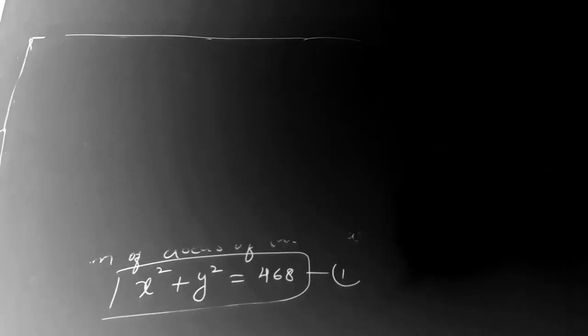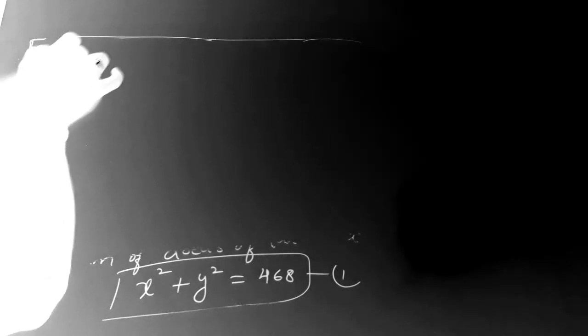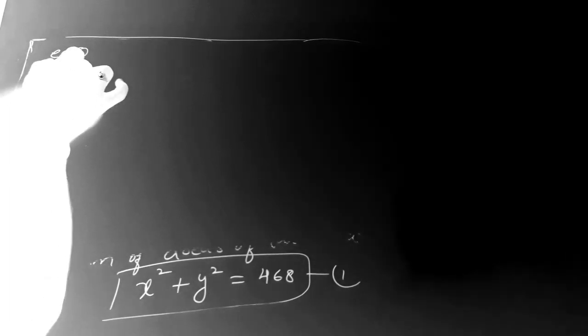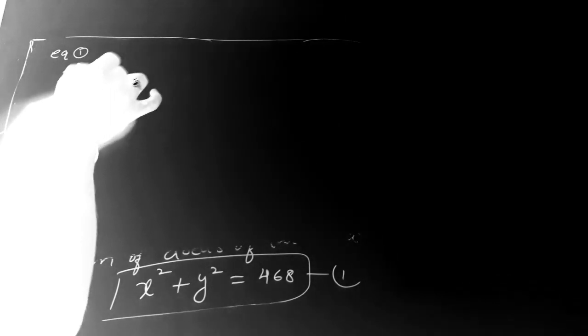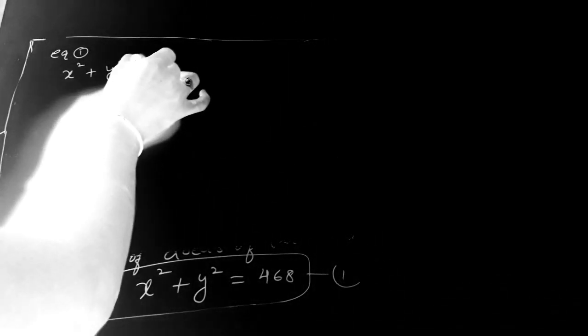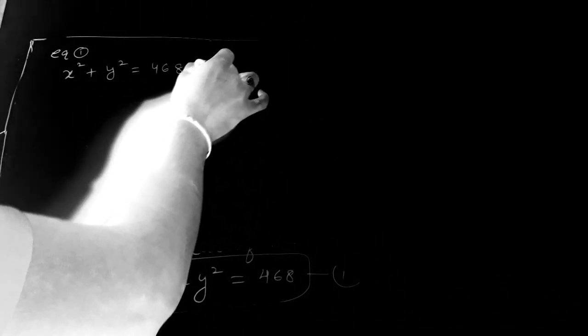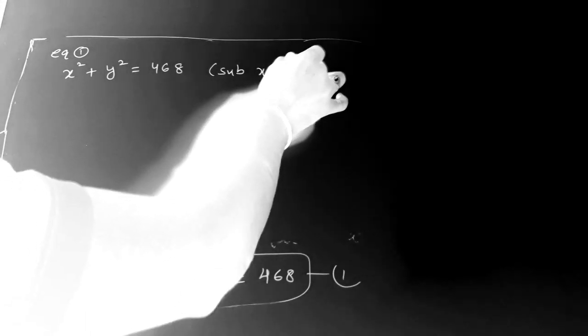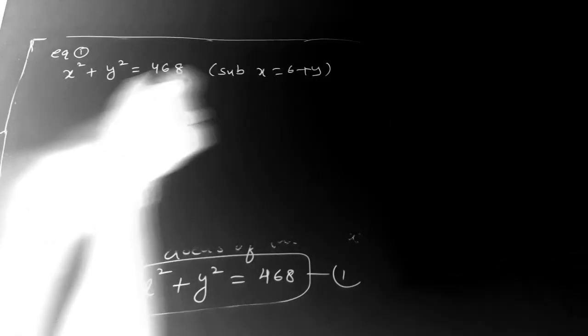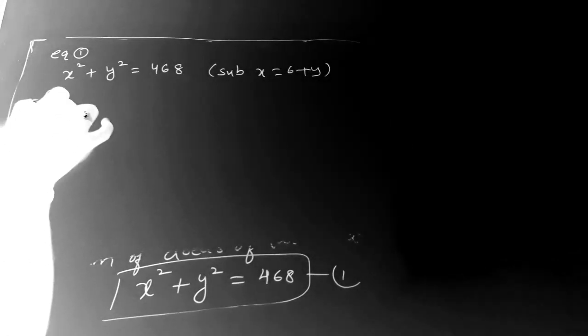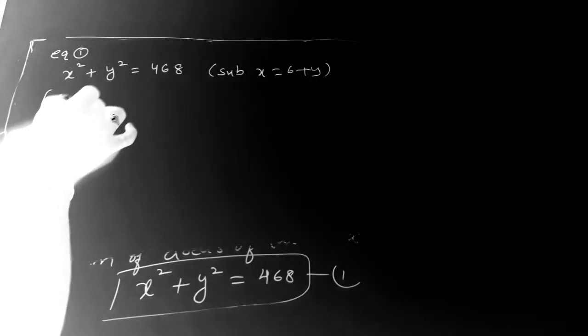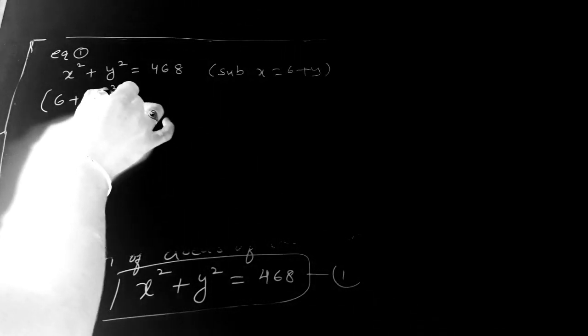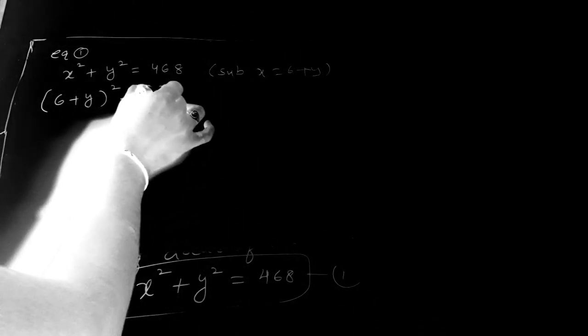Equation 1 is x square plus y square is equal to 468. Substituting x as 6 plus y, we get (6 plus y) whole square plus y square is equal to 468.